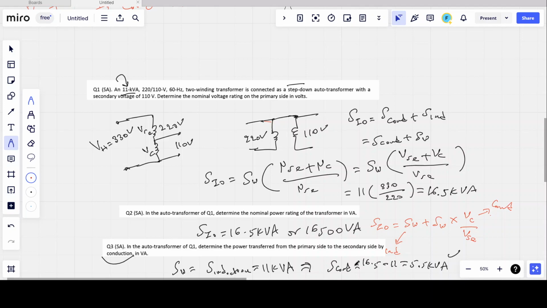So let's test it together. 11 times 110 divided by 220. If I do that, I'm getting 5.5. So those are the two ways we can get the power that is transferred by conduction.